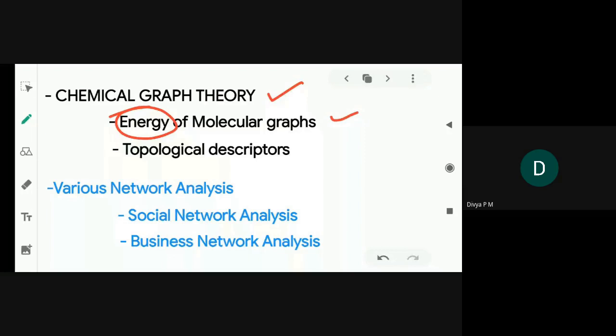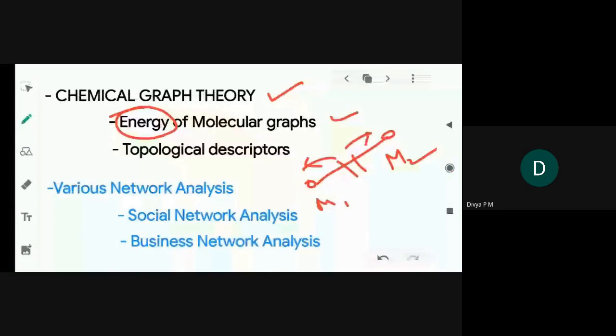Suppose a molecule is attached with another molecule by a bond, there an edge becomes a bond. Suppose molecule M1 has a bond with M2 by this kind of bond. At present, the chemical graph theorists are fond of how, what is the attraction?